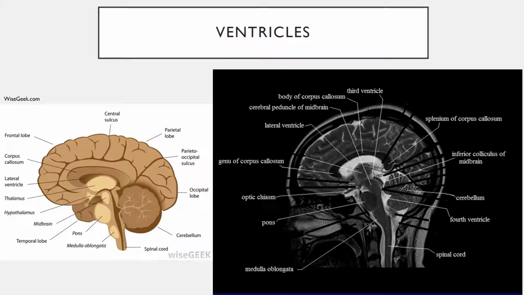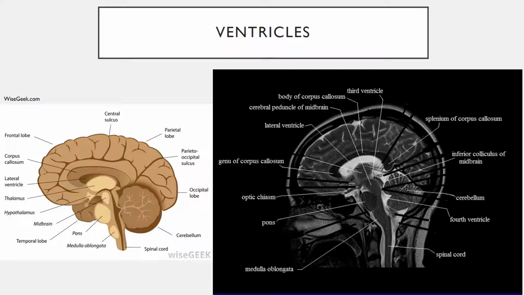Our cerebral spinal fluid, our CSF, is produced within the ventricles of the brain, specifically the choroid plexus and the lateral, 3rd, and 4th ventricles. There are 2 lateral ventricles, a 3rd ventricle, and a 4th ventricle. Again, easier to see on a sagittal image and an MRI image because of that resolution.